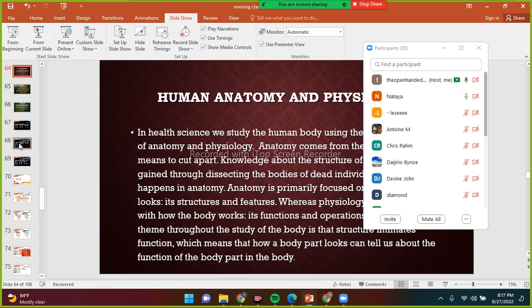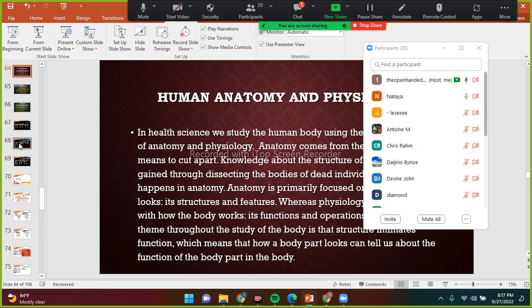The way they used to study anatomy, and still do, is they dissect human bodies. A human body that is used in science for investigation, we call it a cadaver.